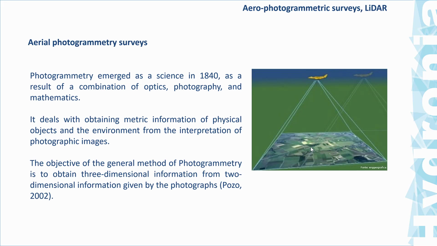By flying and making photographs of the Earth's surface in different locations, you can obtain different photographs, and by analyzing these photographs, knowing the angle at which they were taken, the lenses that were used, and so forth, you can obtain also the surface relief.